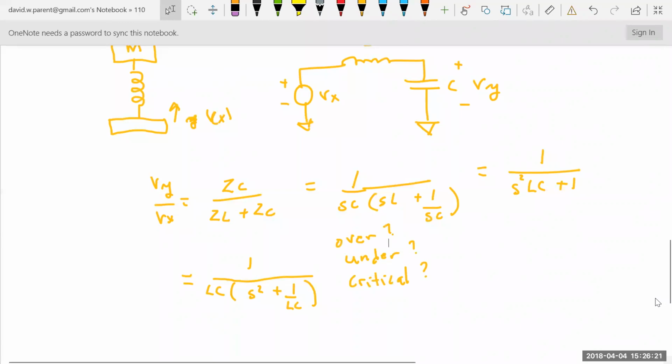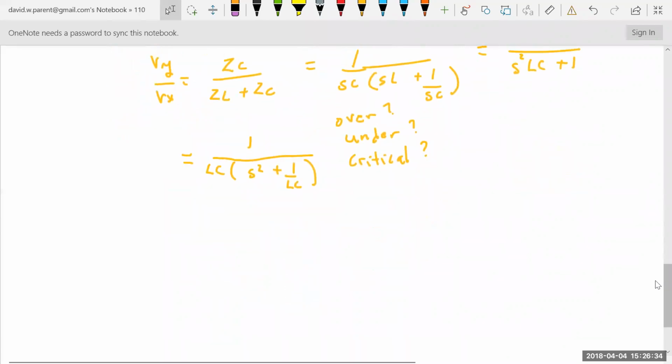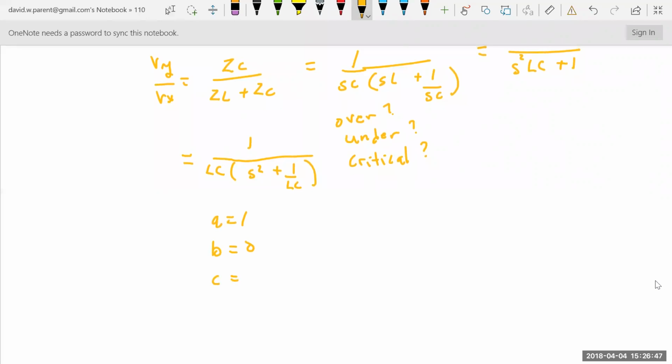Find out whether we have 2 real roots, 1 repeated real root, or 2 complex roots. All right, let's do it. So all I have to do is worry about this part right here. A equals 1, B equals 0, because there's no S term, and then C equals 1 over LC. So what do we get?